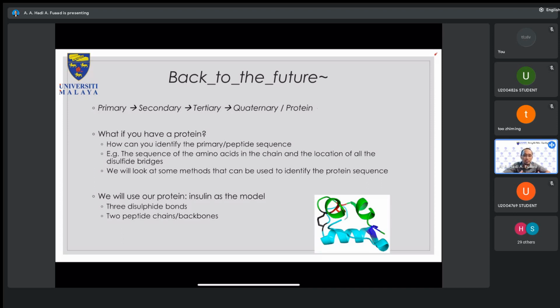Now, if you're working in a lab that does analysis or is trying to discover an unknown, what can you do? How can you identify the primary peptide sequence?